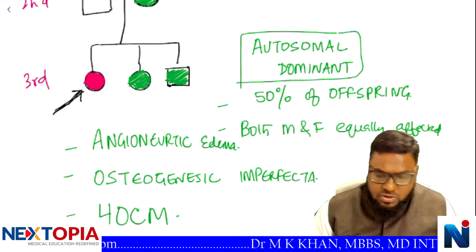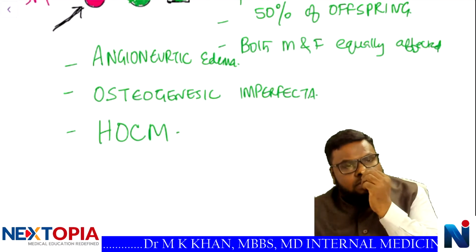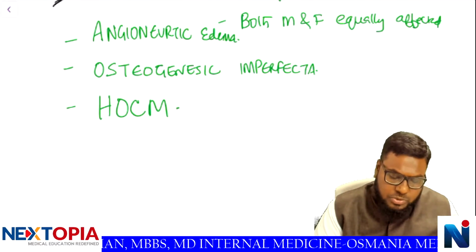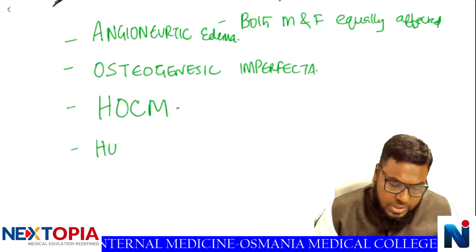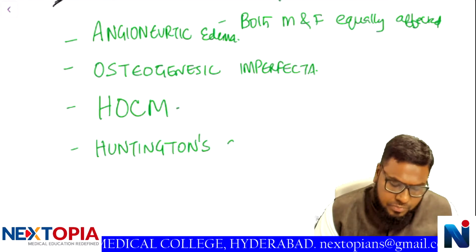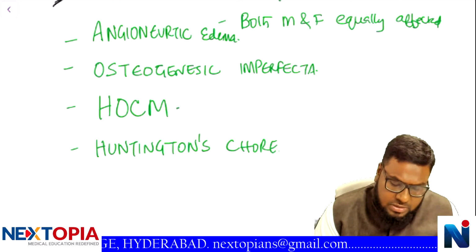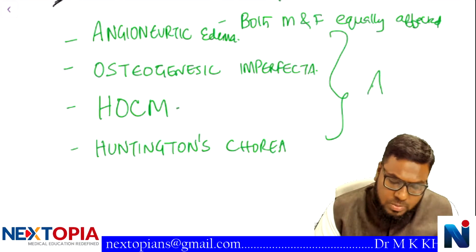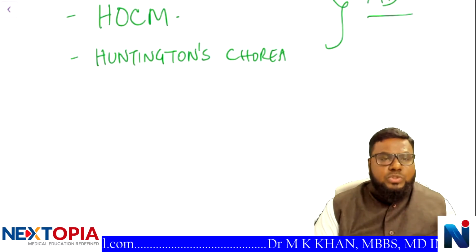HOCM stands for hypertrophic obstructive cardiomyopathy. Huntington's chorea. These are all the various disorders which present as autosomal dominant trait. We call it AD, short form.